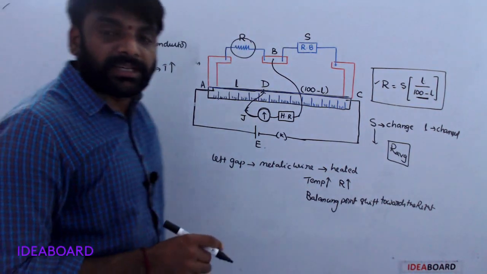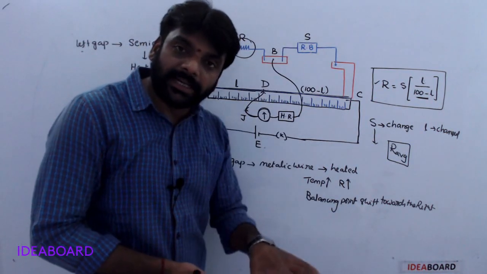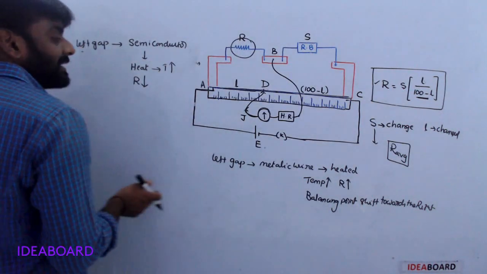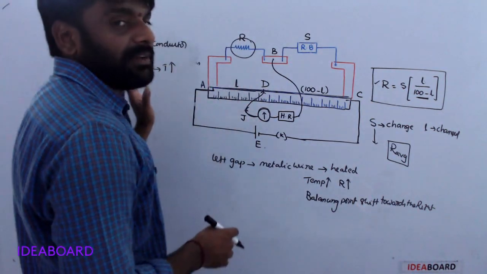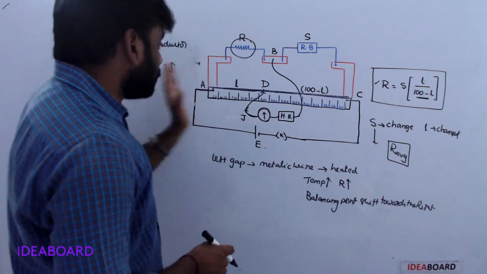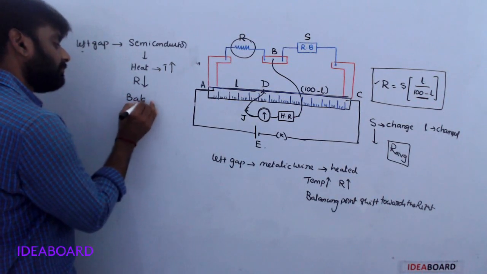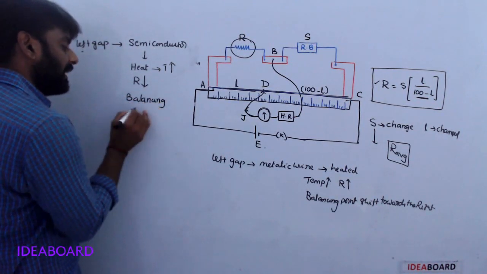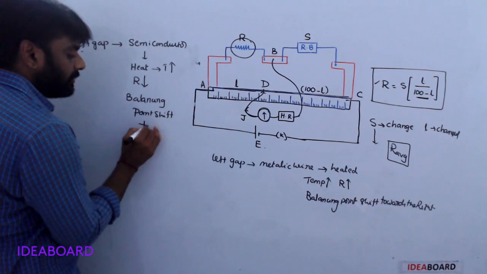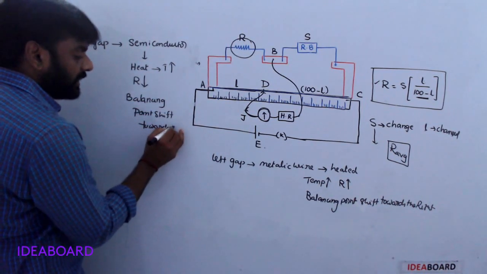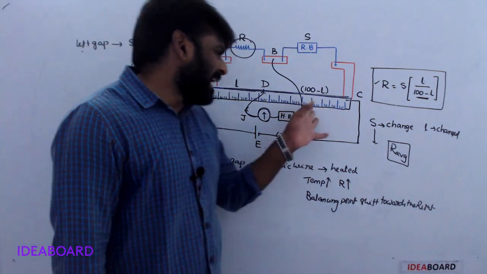Decrease. In semiconductor wires, if the temperature is increased, resistance is decreased. If the resistance is decreased, the balancing point shifts towards the left.